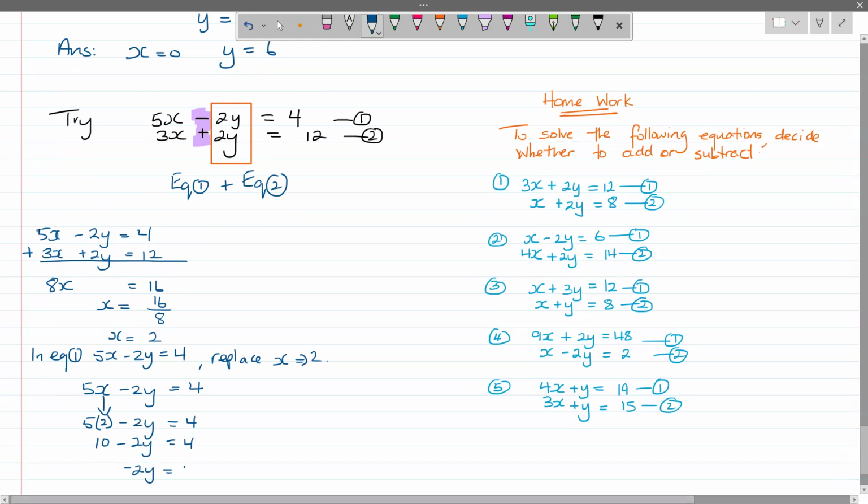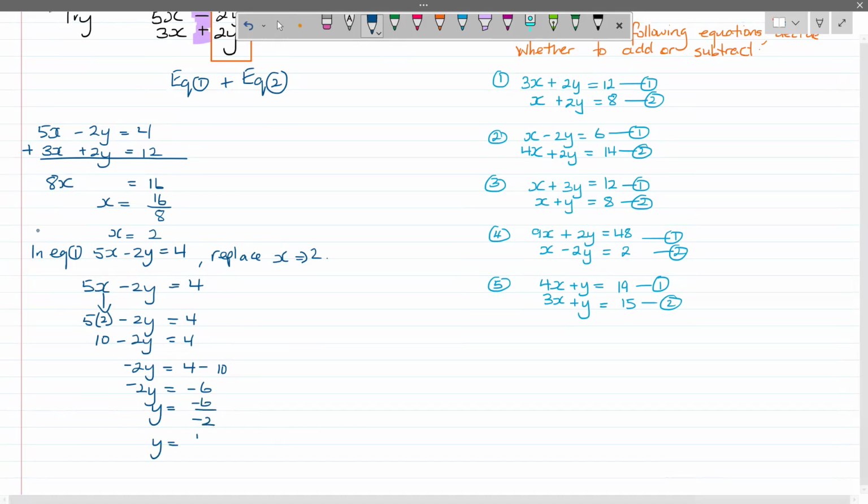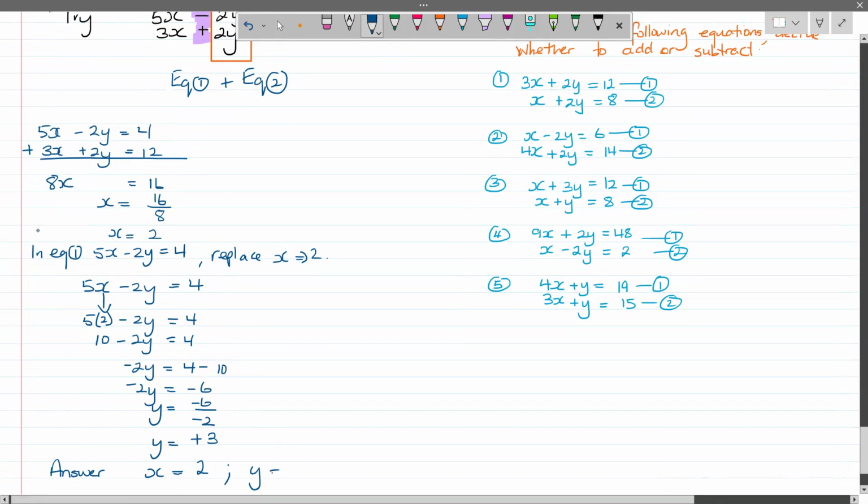Minus 2y would be equal to 4 minus 10 when I carry the 10 across the equal sign. That will give me minus 2y is equal to minus 6. Y would be equal to minus 6 over minus 2. A minus divided by minus is a plus, and 2 into 6 will give me 3. So my answer will be x is equal to 2 and y would be equal to 3. Yeah?